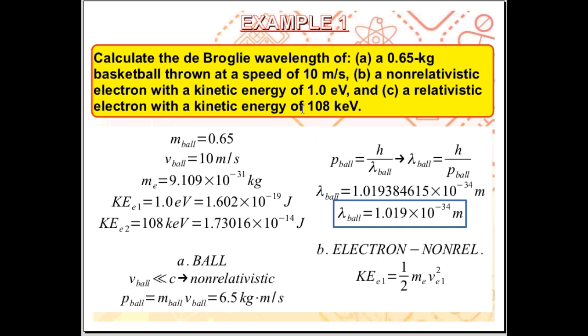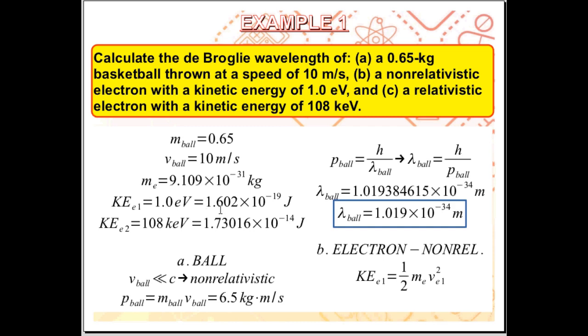Whereas you have an electron, mass of the electron is given by 9.109 times 10 to the negative 31 kilogram. The problem also gives us the kinetic energy of the non-relativistic electron, 1 electron volt.